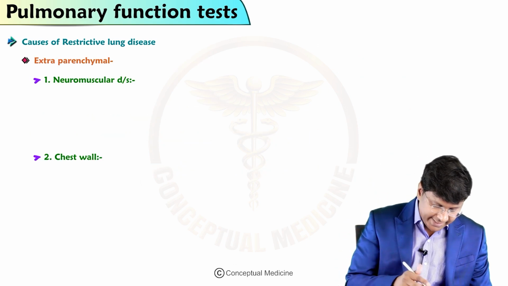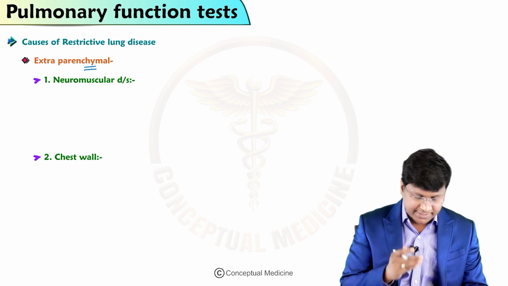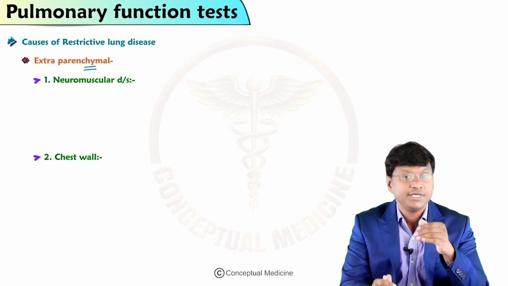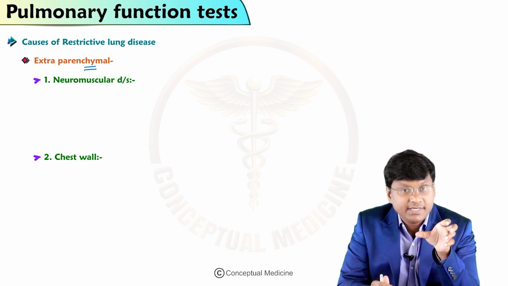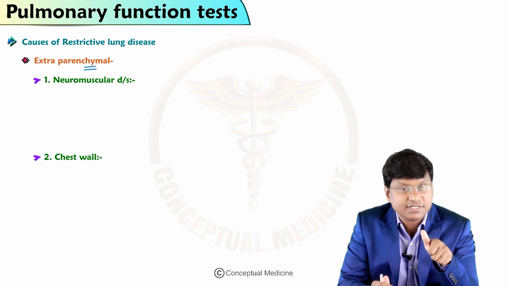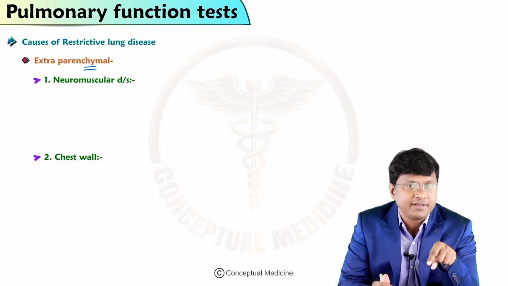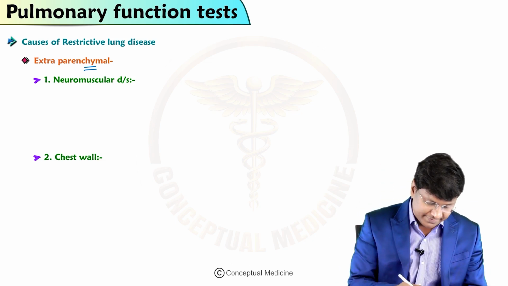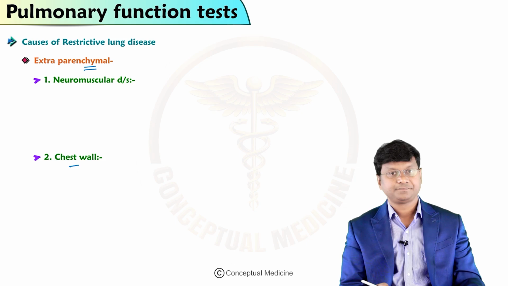Then extraparenchymal causes for restrictive lung diseases. So if you take extraparenchymal, the pathology could be either in the neuromuscular junction, that is either in the respiratory muscles or the nerve supplying the respiratory muscles, that will be your neuromuscular diseases causing restrictive lung diseases, or the pathology could be in the chest wall itself.